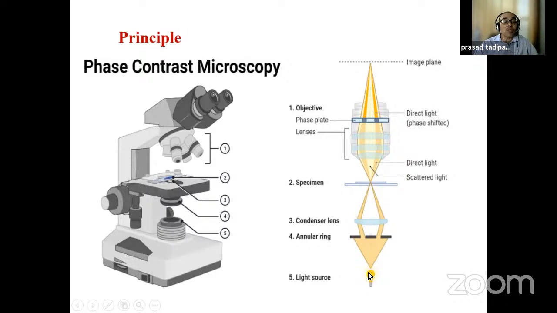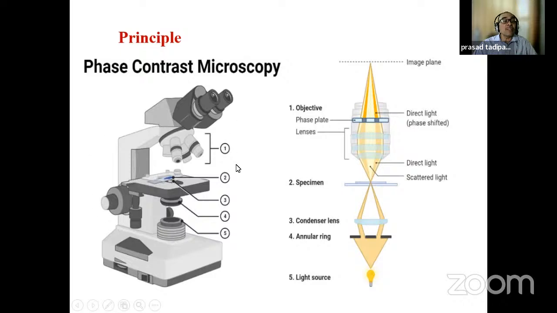From the light source we illuminate the sample; the light passes through the annular ring and condenser, and reaches the specimen. Here one is the undeviated light, and the other is the phase shifted light. Those two have constructive and destructive interference, and it forms an image here.